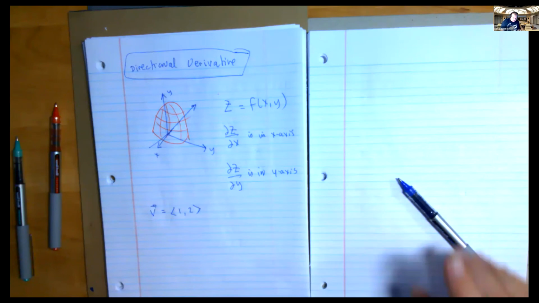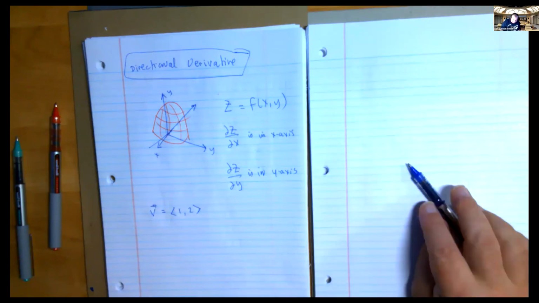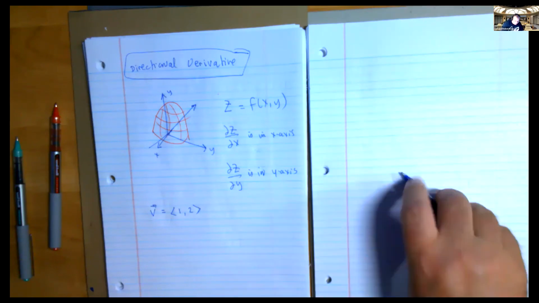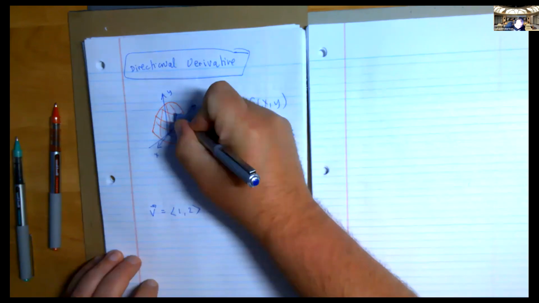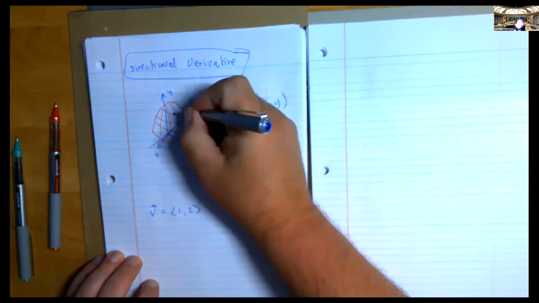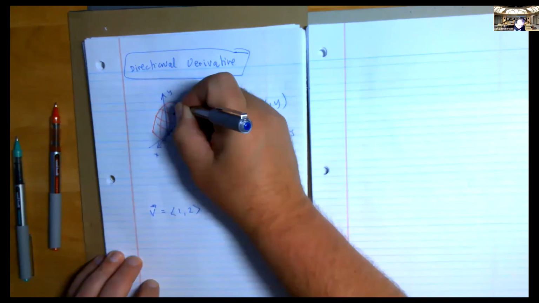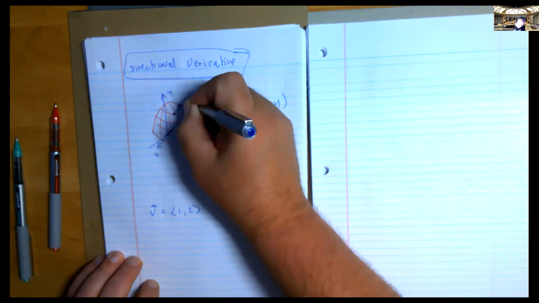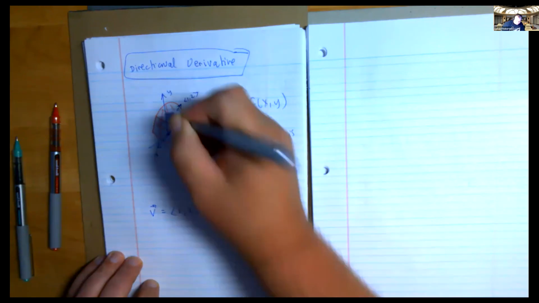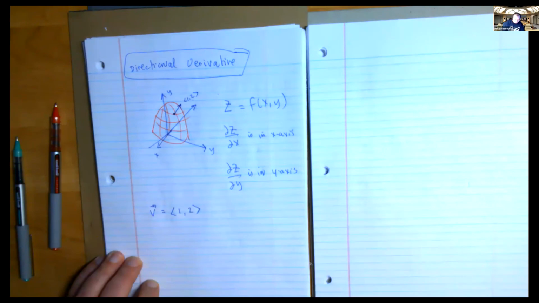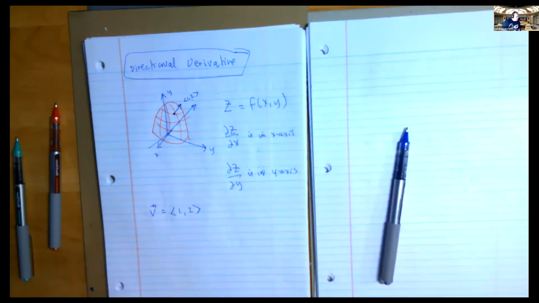It allows us to tell things like, if you're on a point of a surface and you go in the direction 1, 2, so you choose any point on the surface and go in this direction, the number that you get back, because it's a derivative, is the slope of the curve in that direction.